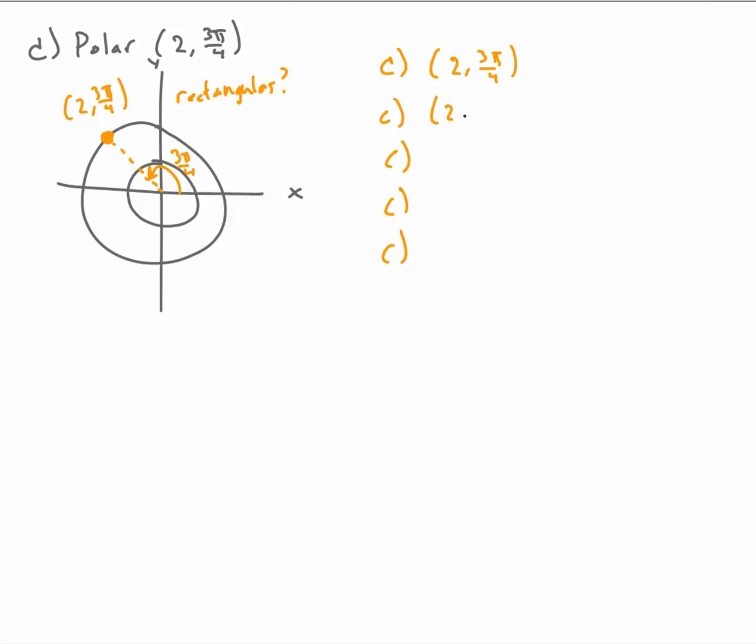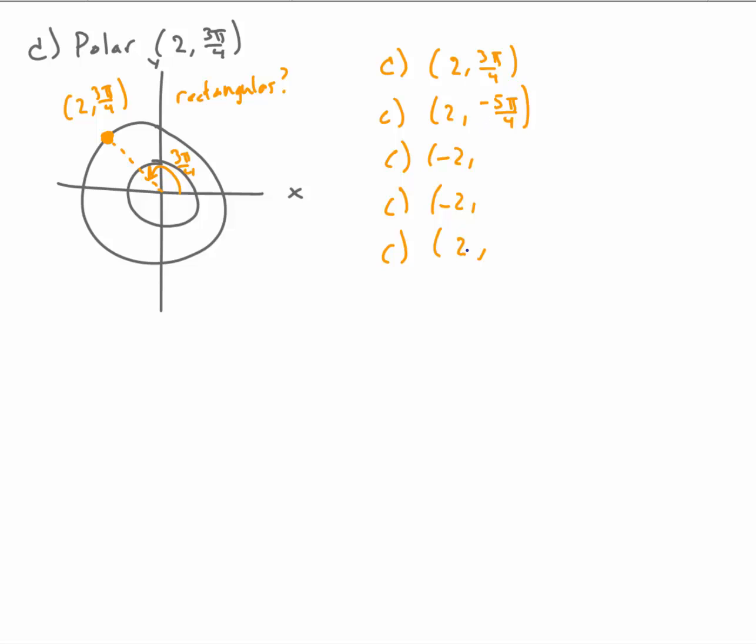Some with a +2, some with a -2, and some with a +3 pi over 4, some negative. When I look at this angle, this 3 pi over 4, I think, well, I could also look at a negative angle that's running clockwise. So this would be -4 pi over 4. That would be a -5 pi over 4. So that would work. Let's put that one in, -5 pi over 4.